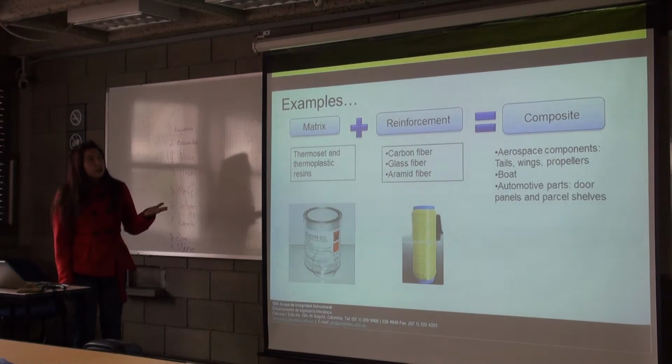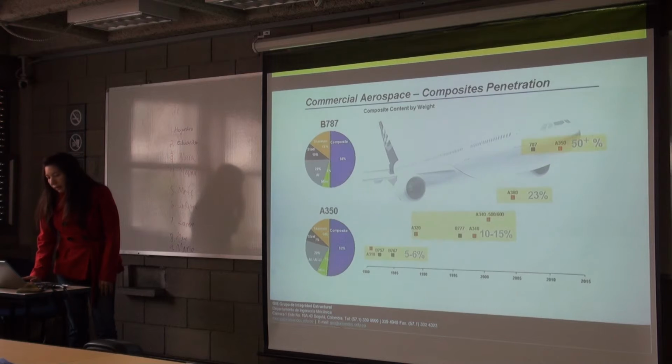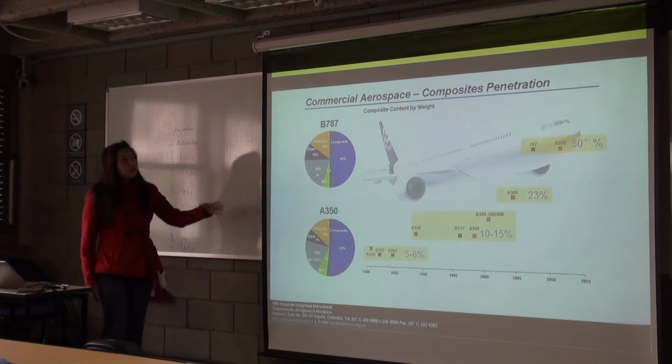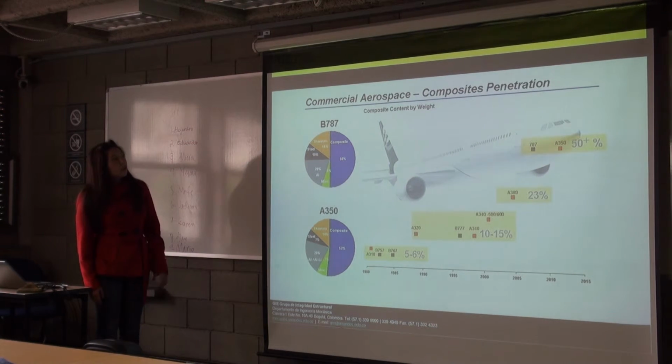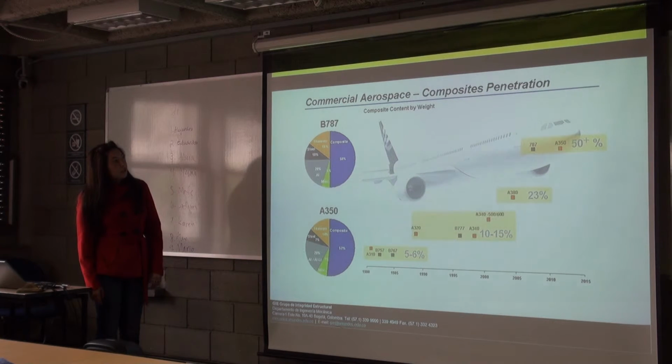And in the industry, these composites are used in aerospace, boats, automotive, among other areas. For example, I want to show you this airplane. As you can see in the figure, the main materials for the manufacture of these airplanes are titanium, steel, aluminum, and composites. And as you can see, 50% is manufactured with composite materials.